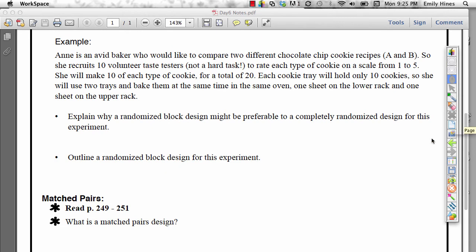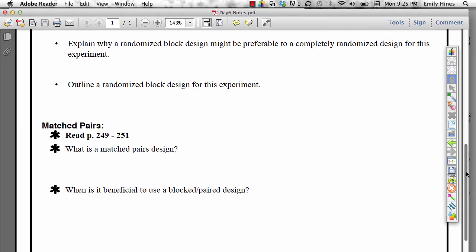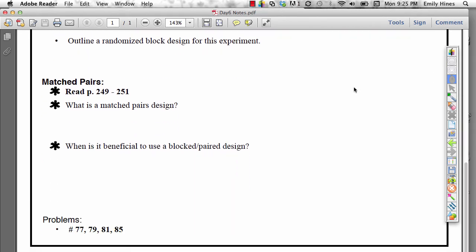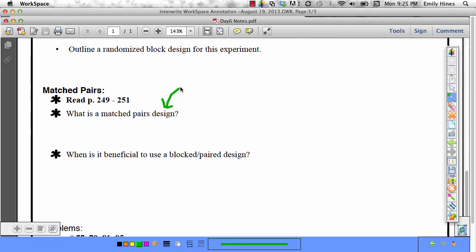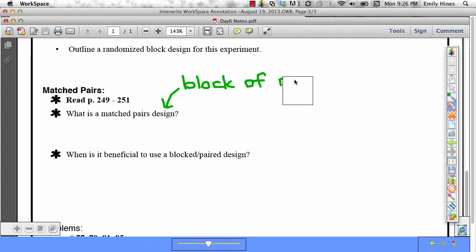So let's talk about this idea of matched pairs. Matched pairs is simply a block of size 2. When we did the experiment of the Stroop effect, many of you pointed out that it would be a better experiment if the same person did both the words and the squares.